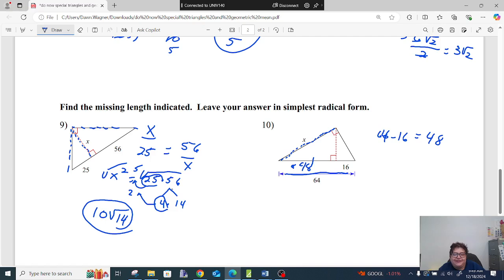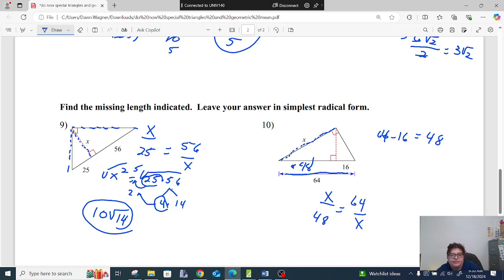Okay, so if x is the geometric mean, what does that mean when I set it up? I'm going to have x up, and I'm going to have x down. What two numbers am I going to put here? 48 and 64.